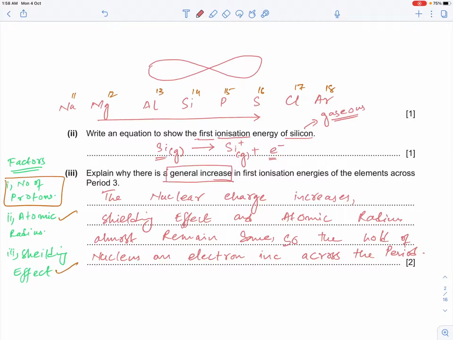As we move across the period, because number of protons are increasing, so the strength of nucleus is increasing, and it will become difficult to remove electron, because atomic radius, number of shells are same across the period, all these elements belongs to third period.